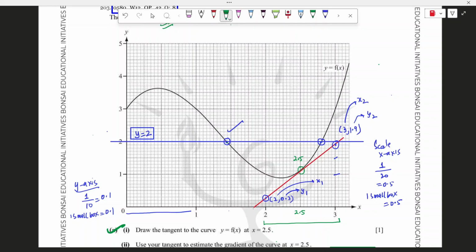So let us try to draw this thing, approximately here. And when we are looking for the other point, we are looking for the x coordinates approximately here.